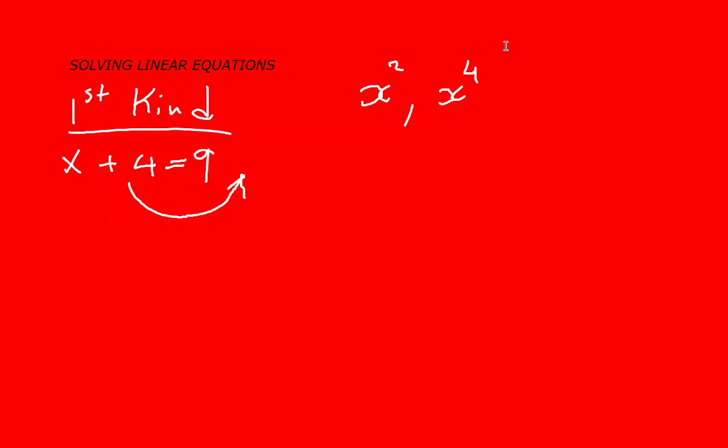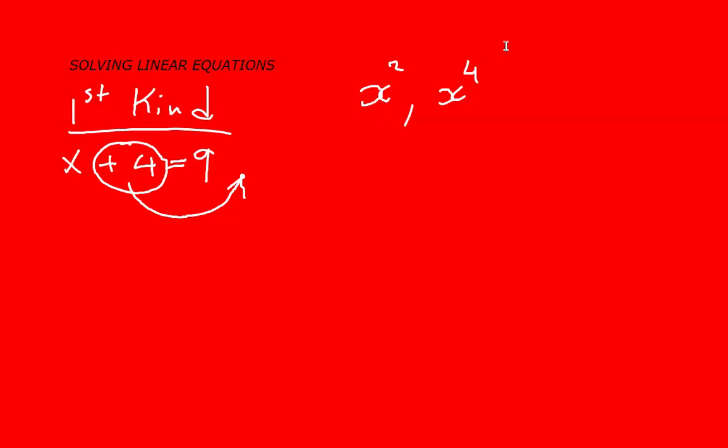Remember every value has its own sign before it. So the 4 needs to go on the other side to be with the other integer, which is 9. Now, you can take it that way, or sometimes you can also say you minus 4 on both sides, because if I minus 4 on the left-hand side, the 4 goes, and then I have to minus 4 on the other side. You can still do that.